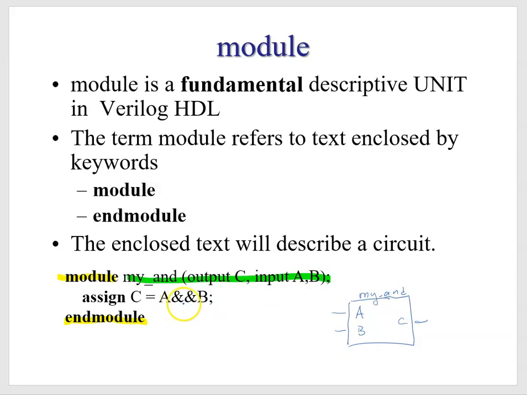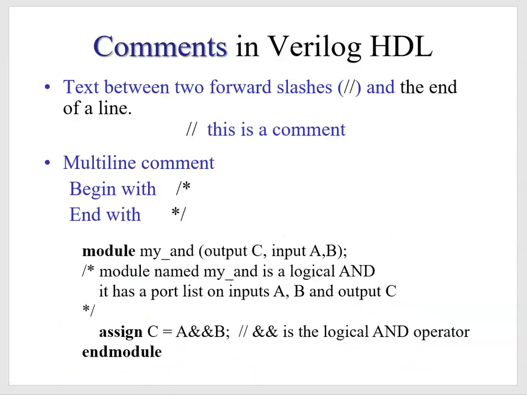Internally, it's represented by this ampersand, which is a logical AND. We could draw it as a logic gate, an AND gate. We don't need to do that because ANDs are described in HDL, but we could define it in this module in this way.